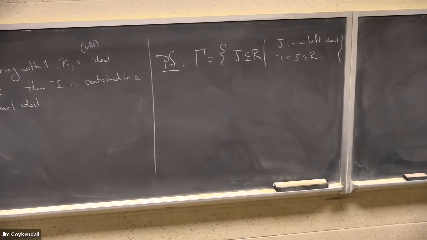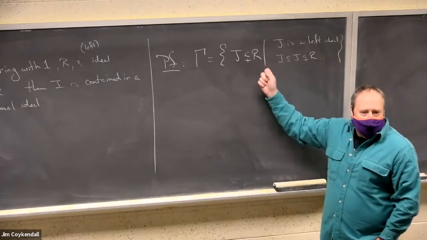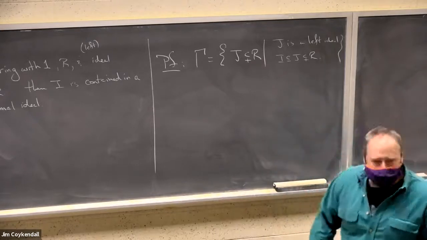I'll drop the word left. Assume you can put that modifier there. Left ideals that contain I and are properly contained in R.